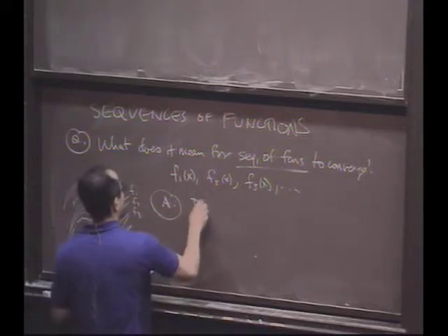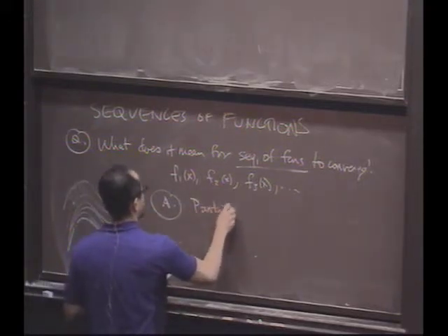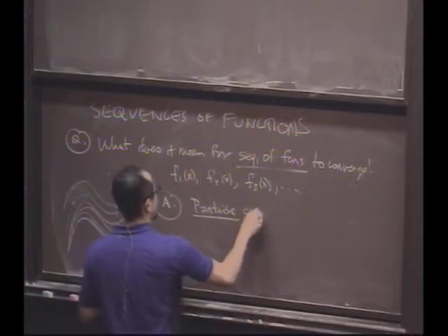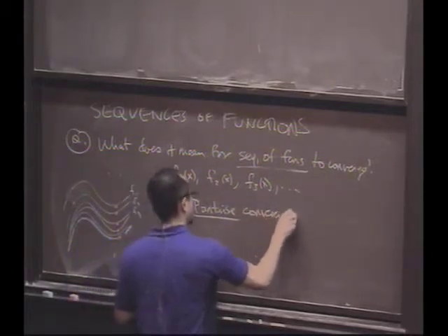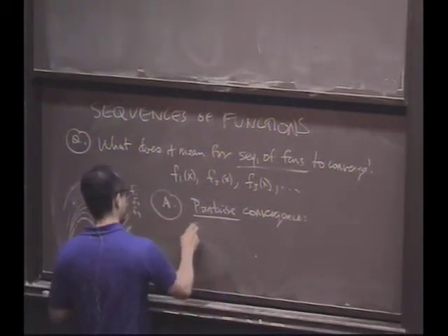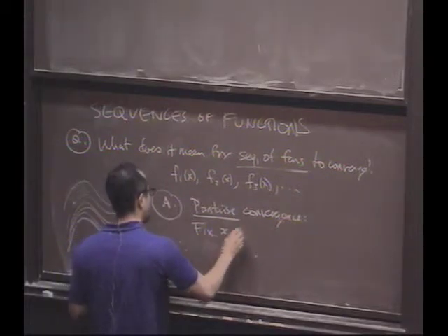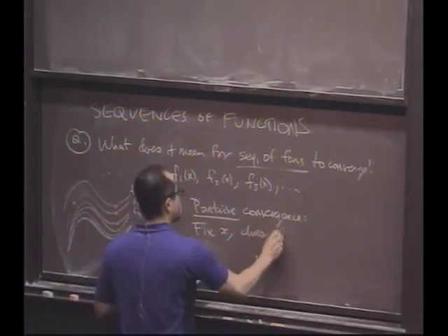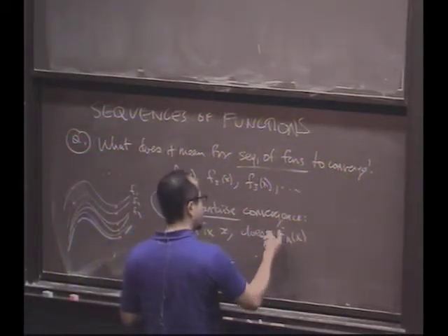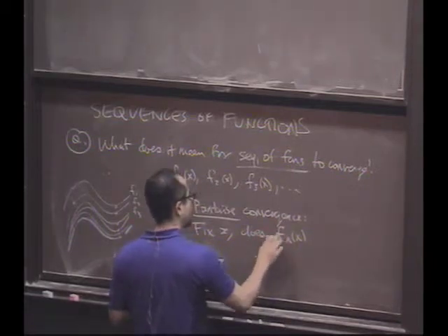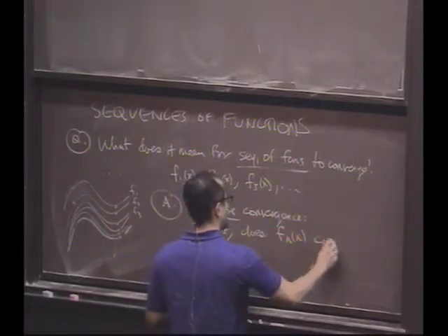One way to answer this question is pointwise convergence. This is what we call pointwise convergence. Basically, fix x, and then ask yourself, does fn at x, as a sequence now evaluated at a particular point, converge?